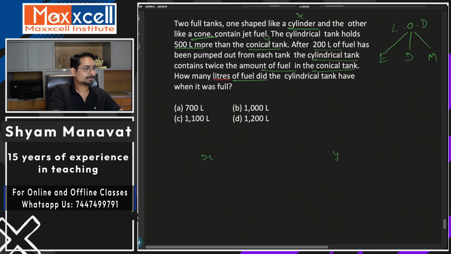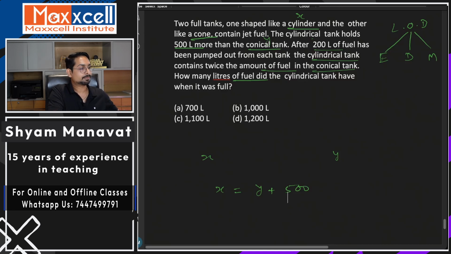Alright. Now, let's start solving. As per the condition given here, the cylindrical tank volume, if you compare with the conical tank volume, is Y plus 500. That is 500 more. Right?